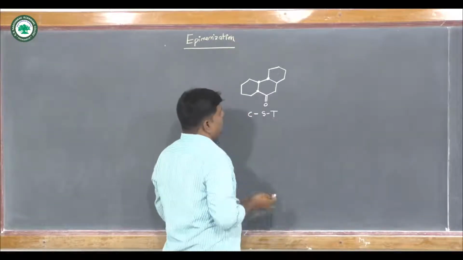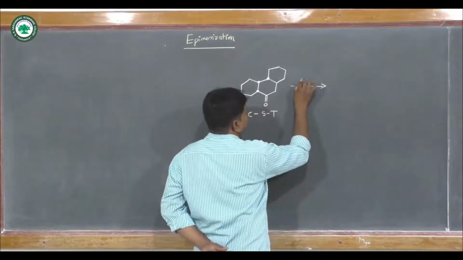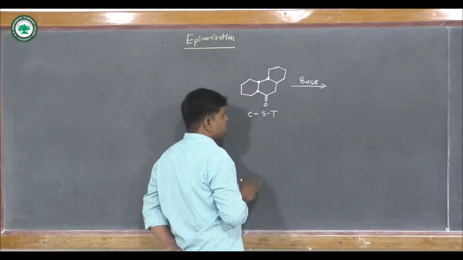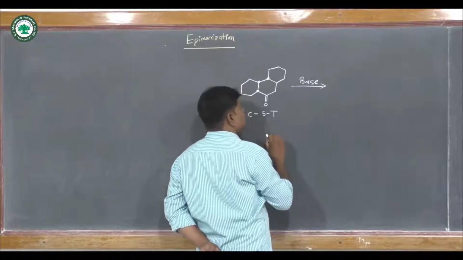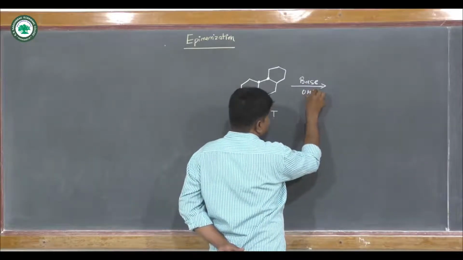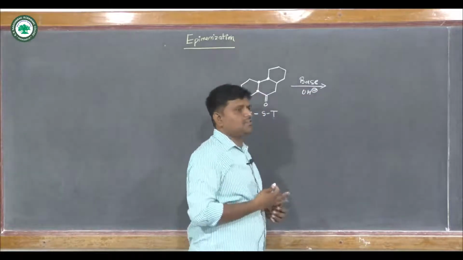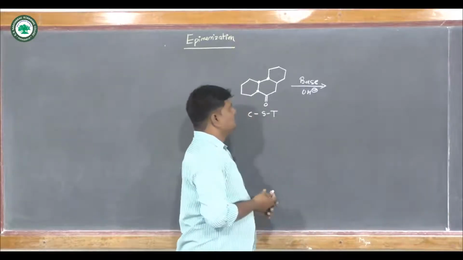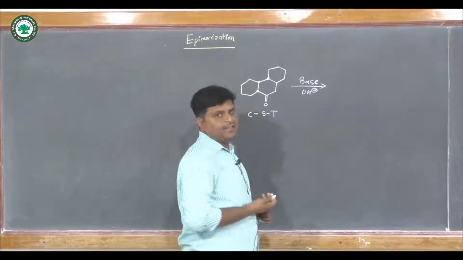Now when we add a base, suppose OH minus, it abstracts a proton from the alpha carbon atom, because alpha protons are highly acidic.